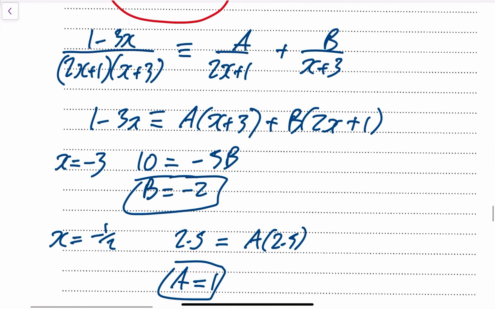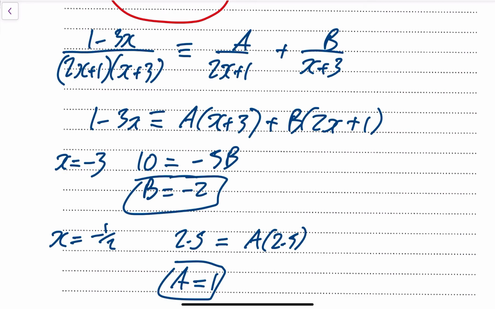We put x equal to minus 3, so that makes this bracket go to 0. That means 10 is equal to minus 5B, or B is equal to minus 2. And then I'm putting x equal to minus a half to make that bracket equal to 0.